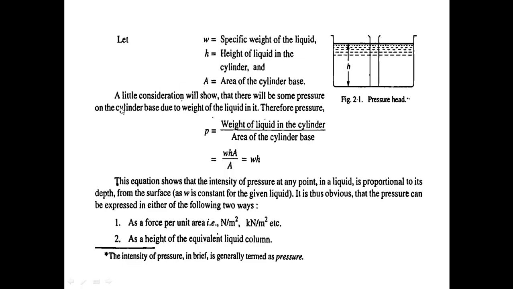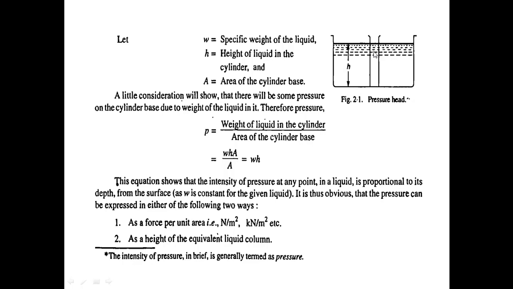A little consideration will show that there will be some pressure on the cylinder base due to the weight of the liquid in it. Already we have studied that whenever a liquid is contained in a vessel or a cylinder, it exerts pressure on the base.